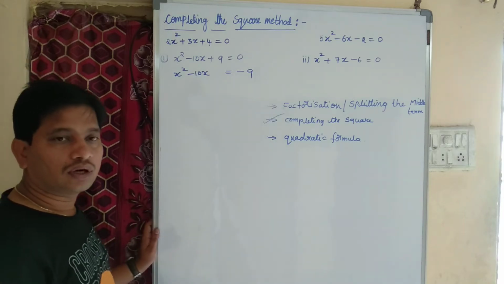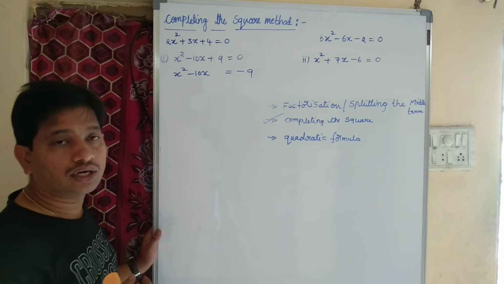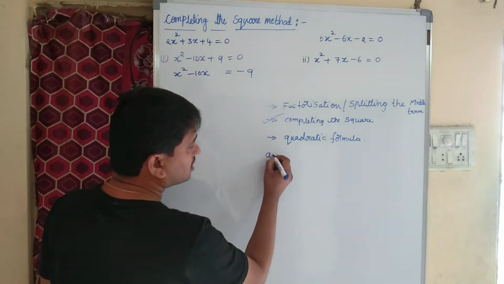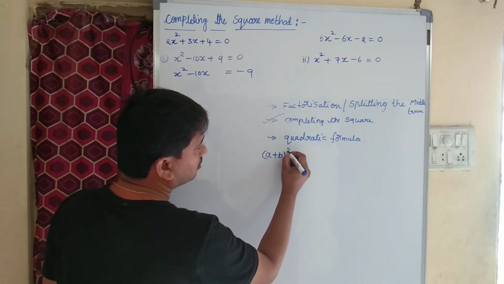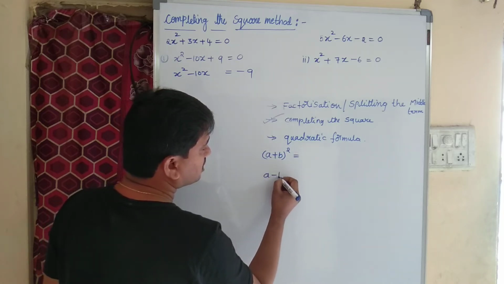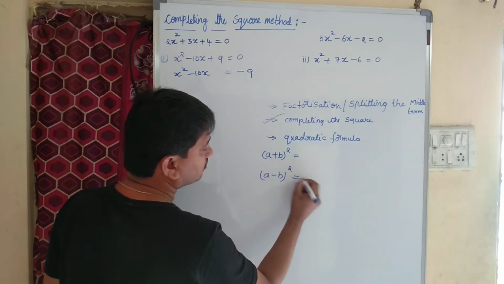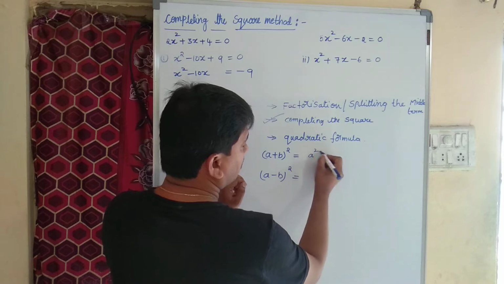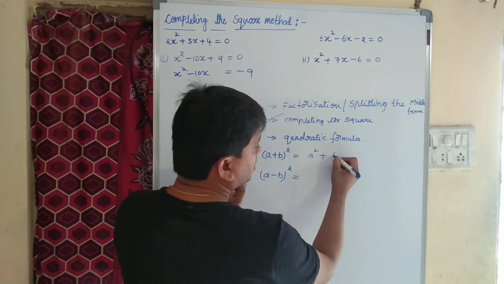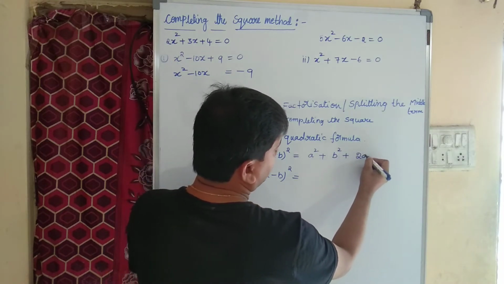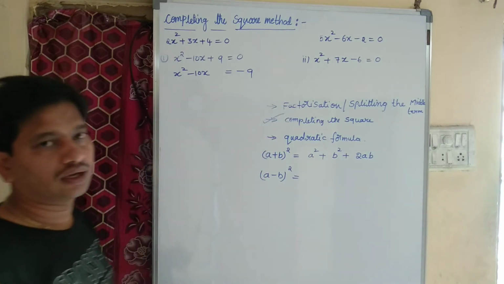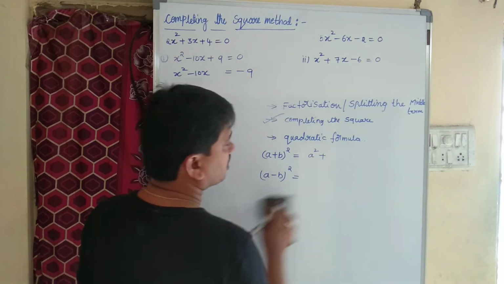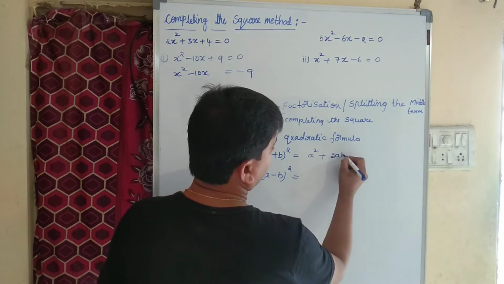From class 8 we are learning two square formulas. We call them the a plus b whole square formula, and the second formula is the a minus b whole square formula. What is the a plus b whole square formula, children? a square plus b square plus 2ab, or if you want to write in proper manner, a square plus 2ab plus b square.